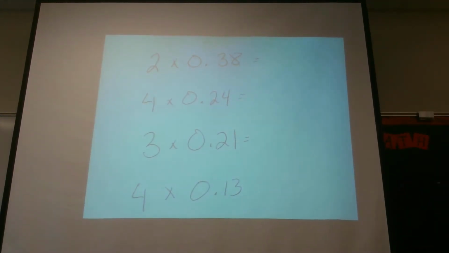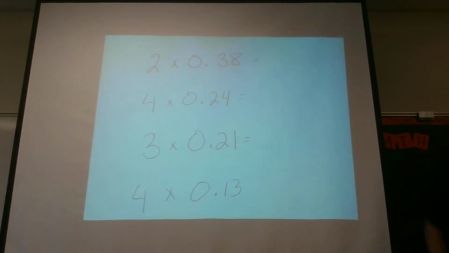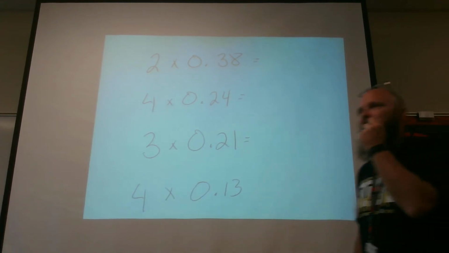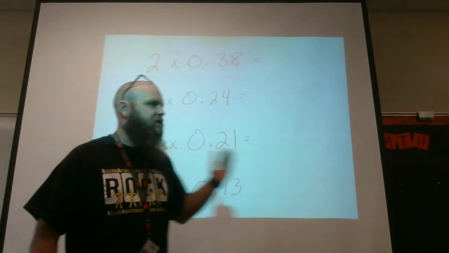Brett? So, say if you did 2 times 38 hundredths in the decimal, can the number be higher than 2, but not as in still decimals? Okay, the value is going to be less than 2.